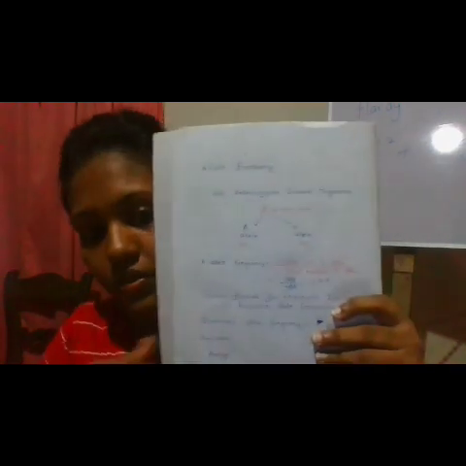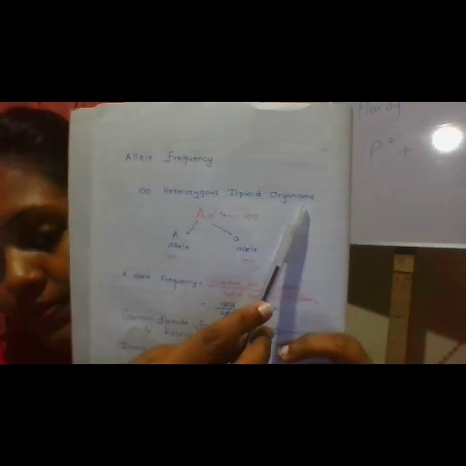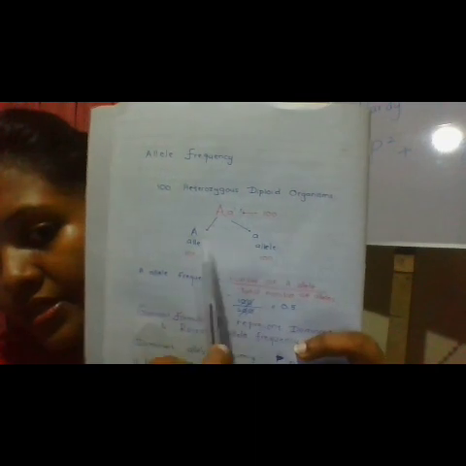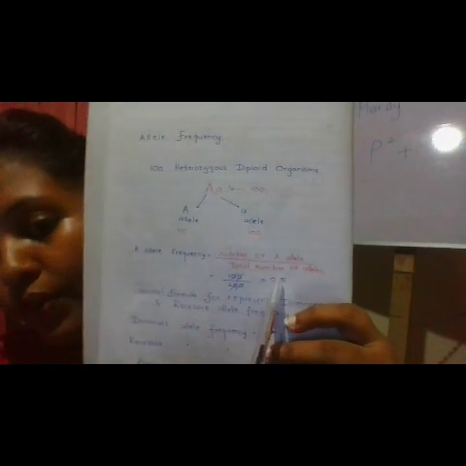That means allele frequency can never be larger than 1; it's a ratio. So here, 100 heterozygous diploid organisms, each with an A allele and a small a allele, gives 100 alleles of each, and the A allele frequency is 0.5. Can you understand? That's the normal method to find the allele frequency.